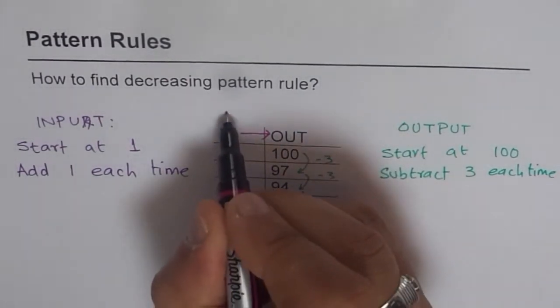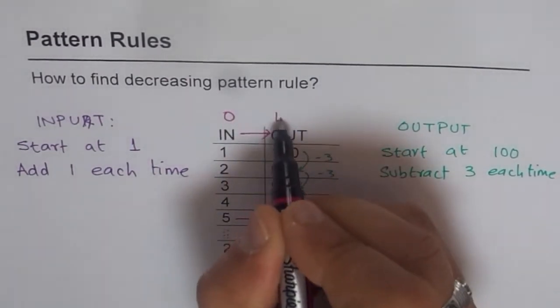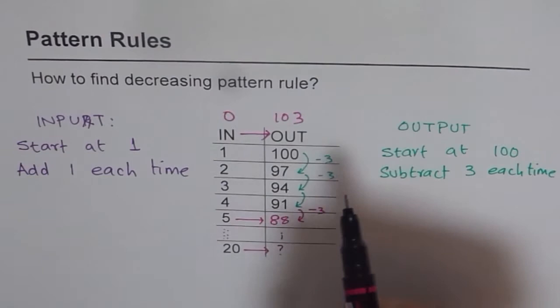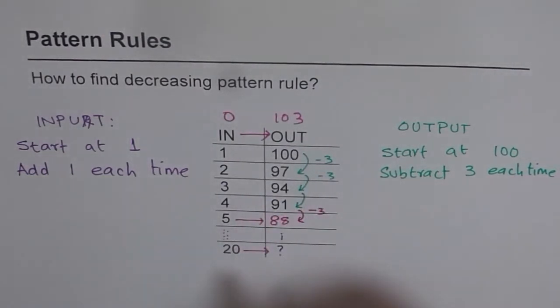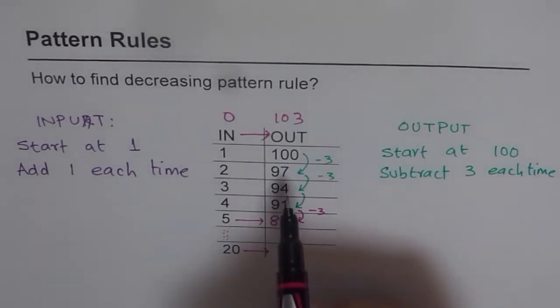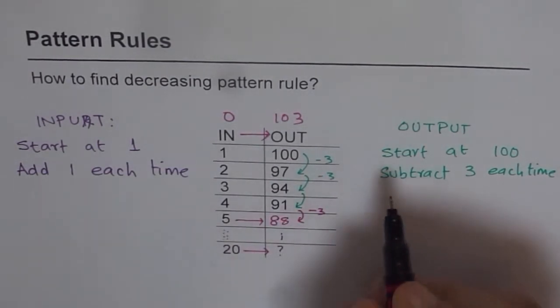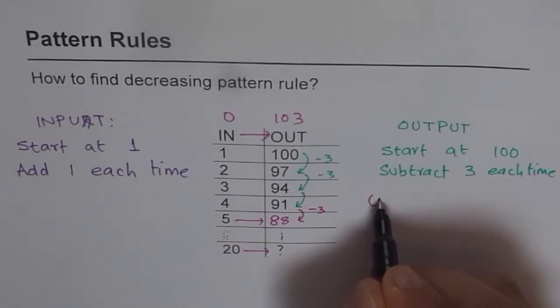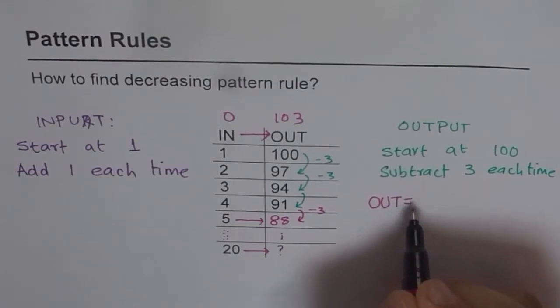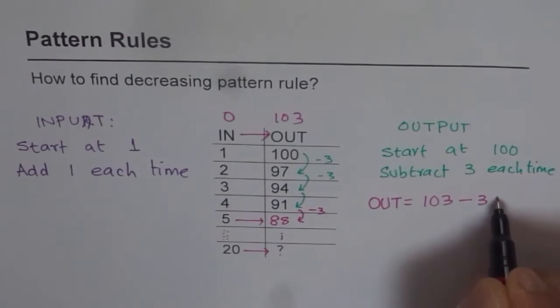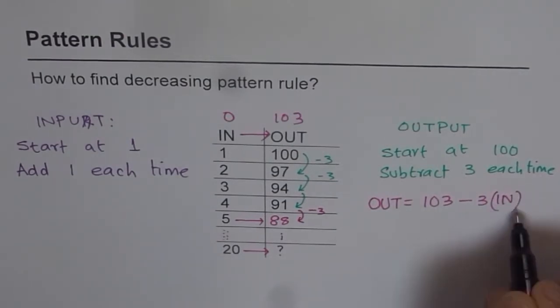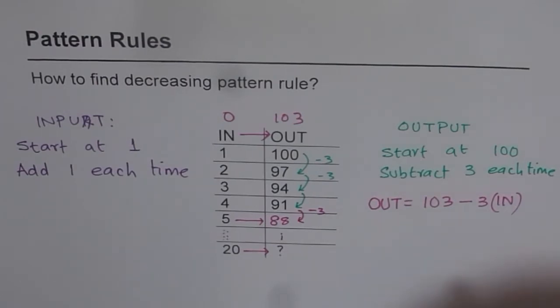For 0, the number should have been 103. If I take away 3 from 103, I get 100 and then move on. Well, that means the starting number is 103. So I can now write my rule: output equals 103 minus 3 times the input. Do you understand that? 3 times the input. That should be the rule.